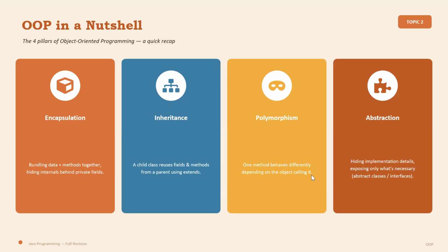There are four main pillars of object-oriented programming that every Java programmer should know. What are they? They are encapsulation, inheritance, polymorphism, and abstraction. Can anyone explain these four pillars of object-oriented programming? Any idea?